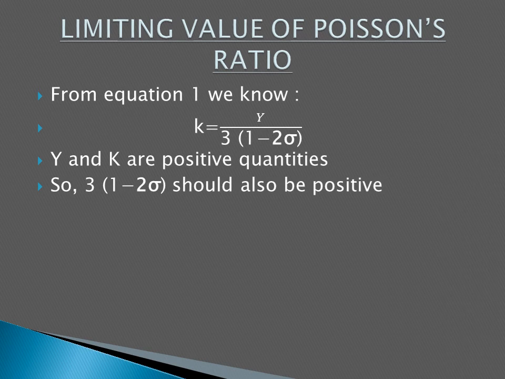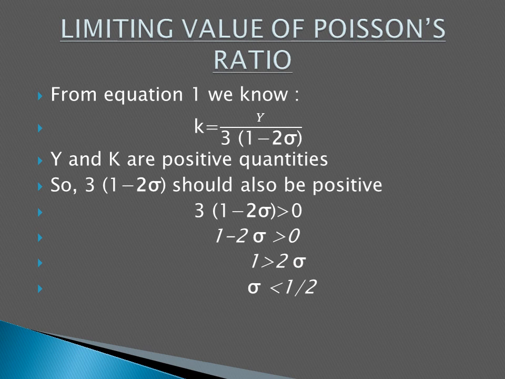This means that 3 into (1 minus 2 into Poisson's ratio) should be greater than 0. On transposing this to the other side, we get 1 is greater than 2 into Poisson's ratio. On solving this, we get the value of Poisson's ratio is less than 0.5. This is the upper limit of Poisson's ratio.